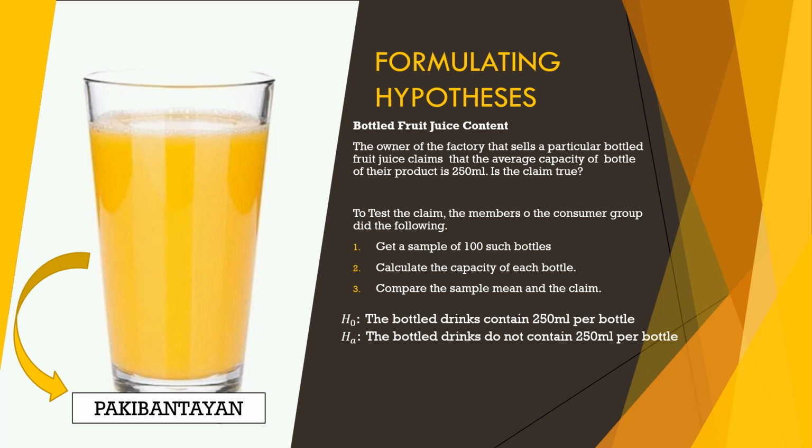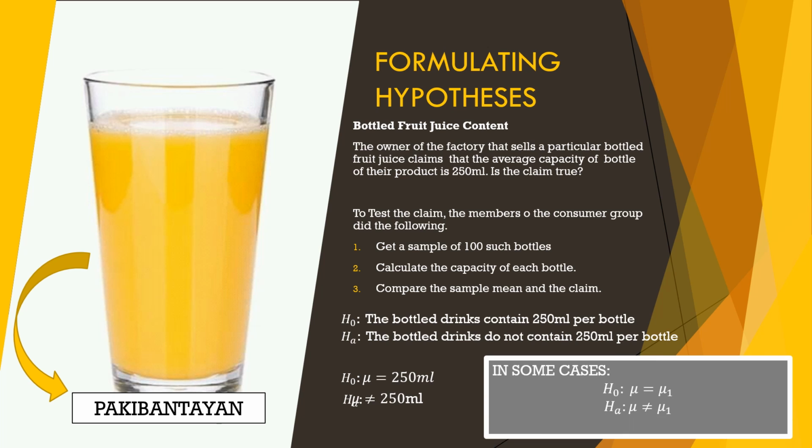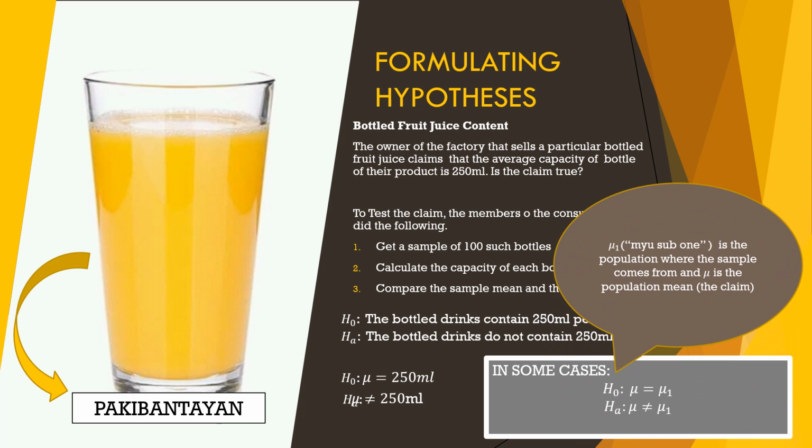So, kapag in symbol, okay, magiging itsura na, mean, that is the average, is equals to 250 ml, while the alternative hypothesis will be mean is not equal to 250 ml. Okay, in other cases, in some cases, pwede rin siyang isulat as mean is equals to mu sub 1. And then, alternative is mean or the mu is not equal to mu sub 1.